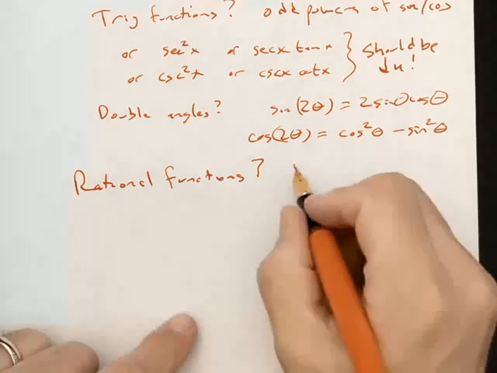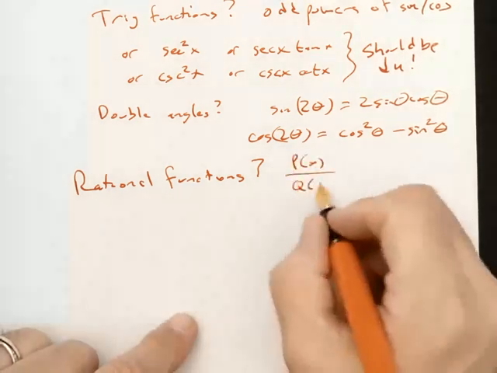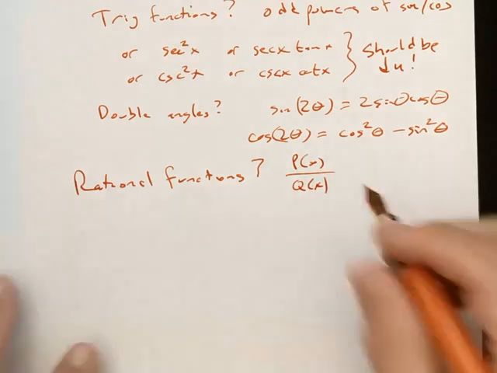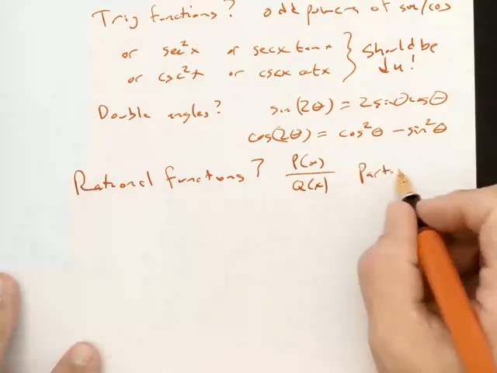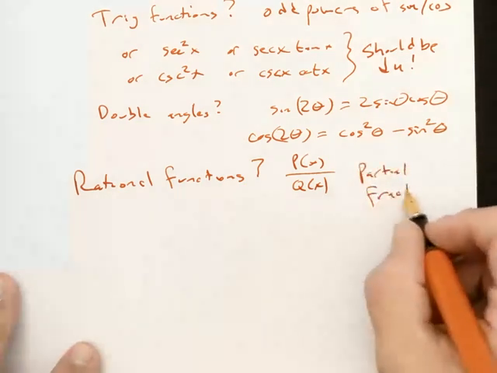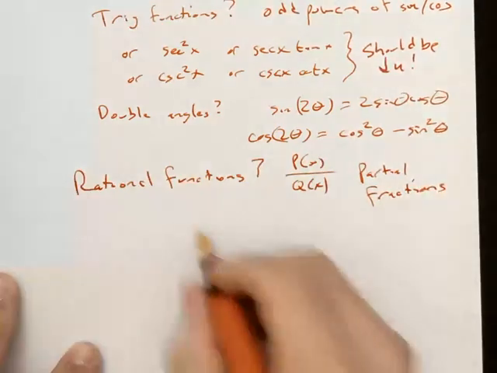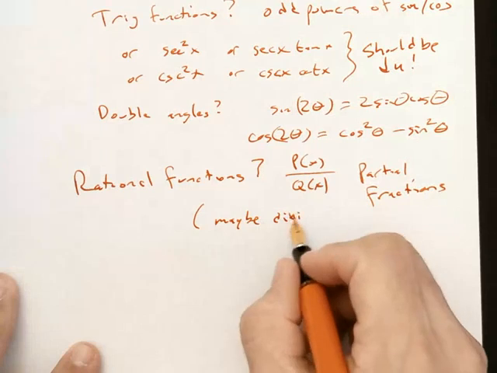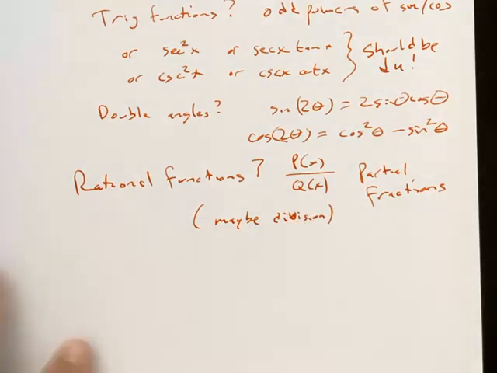So that's my p of x over q of x thingy. And then I'm going to hope for partial fractions. Because I've got a fraction, I'm going to try and do partial fractions. Maybe if I have to, I'm going to have to do division too. As we saw in some of the problems that were assigned from the work we did on Friday, I might need division, I might not. I don't know in advance.